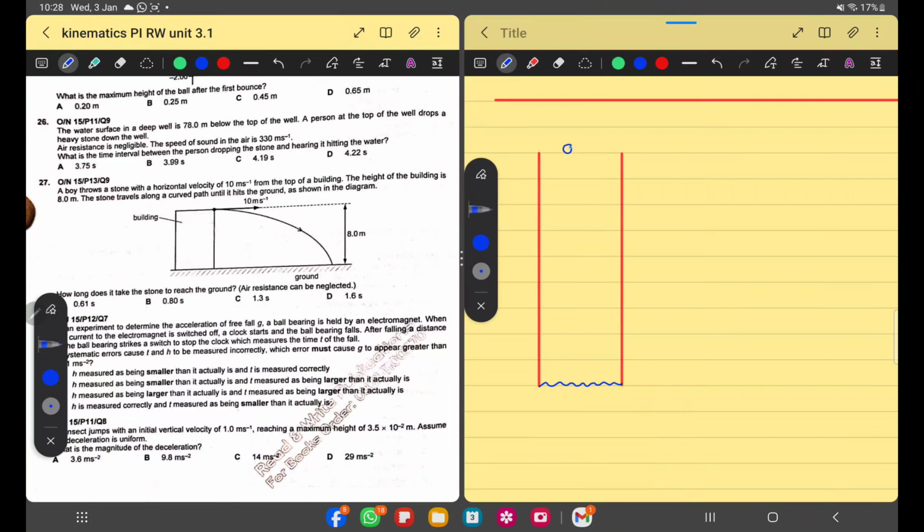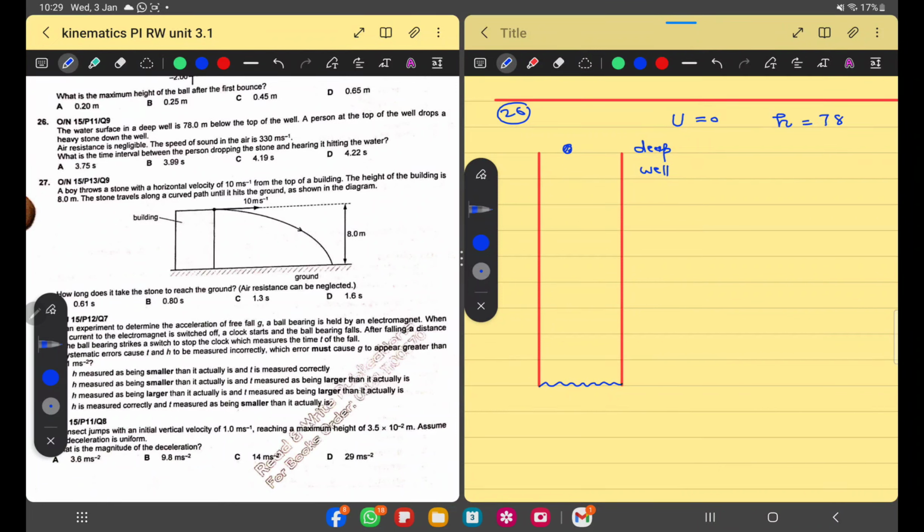Okay, the object is dropped, and as the object is dropped, then obviously its initial velocity is 0. It is a deep well, and its initial velocity is 0.